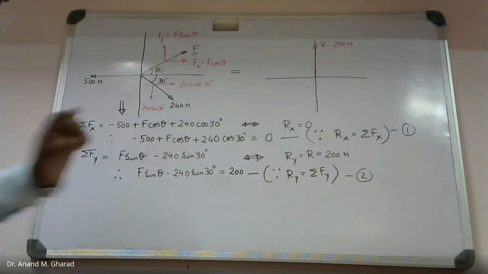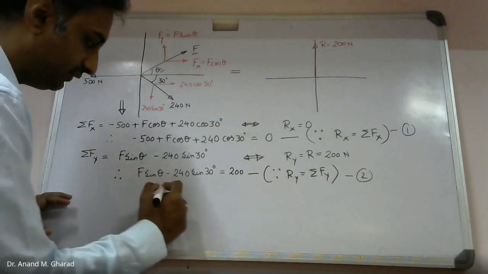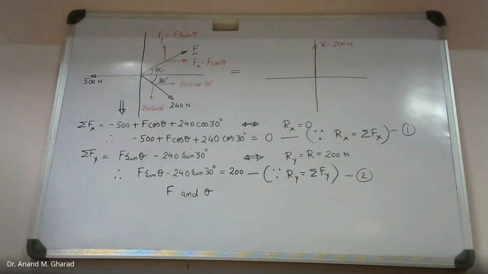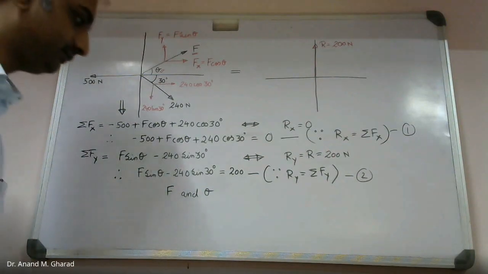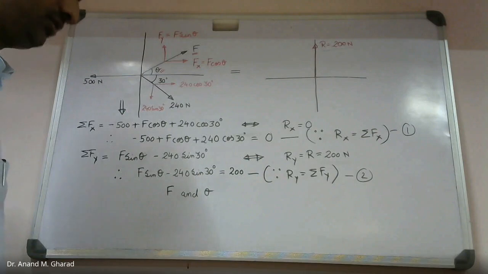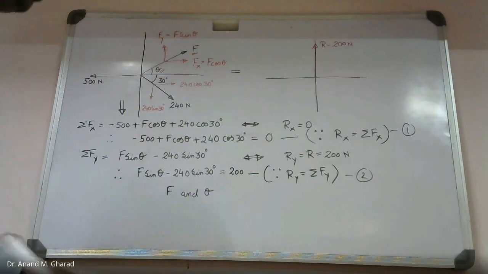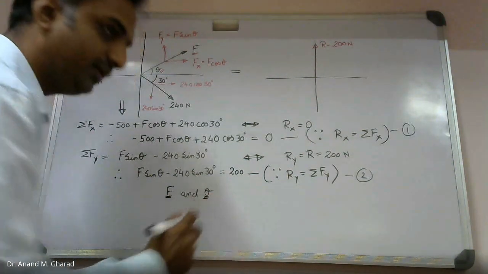From these two equations, now I am in a position to identify F and theta, both the terms. So you please evaluate. You are very good in mathematics, you can solve it. Sir, F cos theta comes out to be 292.15. I want F separately and theta value separately.